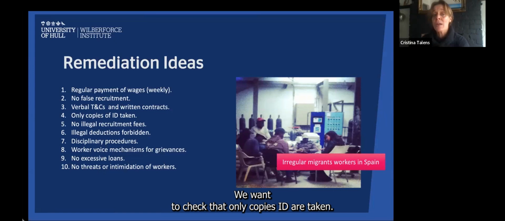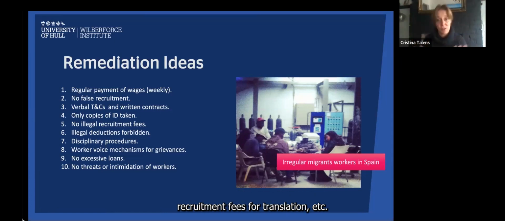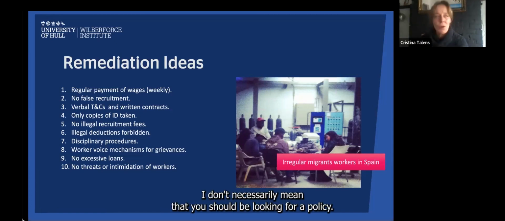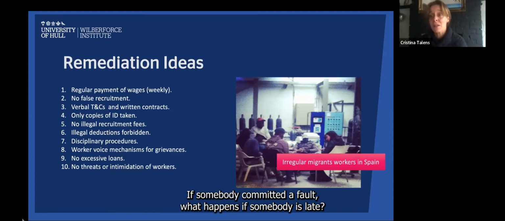We want to check that only copies of ID are taken. We want to make sure that there are no illegal recruitment fees or hidden recruitment fees for translation, etc. No deductions from pay. I would say look for disciplinary procedures. I don't necessarily mean that you should be looking for a policy. I mean ask people how they discipline people if somebody's committed a fault.